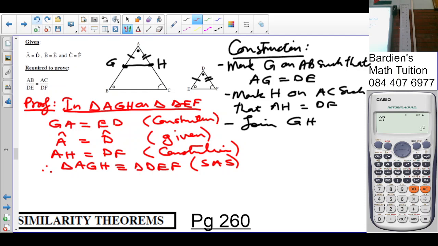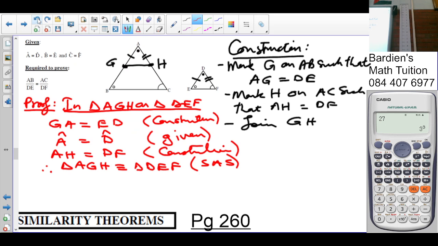Now, you see that angle AGH, this angle here, is the same as which angle? Angle E. How do we get that? Congruency. Well done. We have just proven congruency.